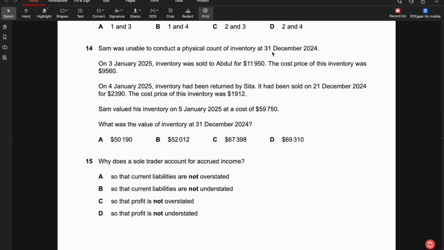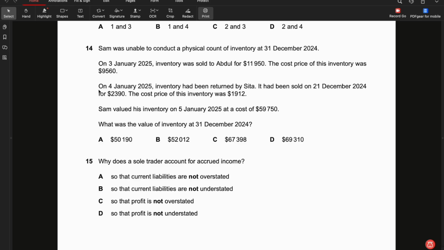So he could not conduct the physical count of the inventory on 31st December, but on 3rd January he sold some inventory. Forget about the selling price. The cost of that inventory was 9,560, taken out from the closing inventory of last year.